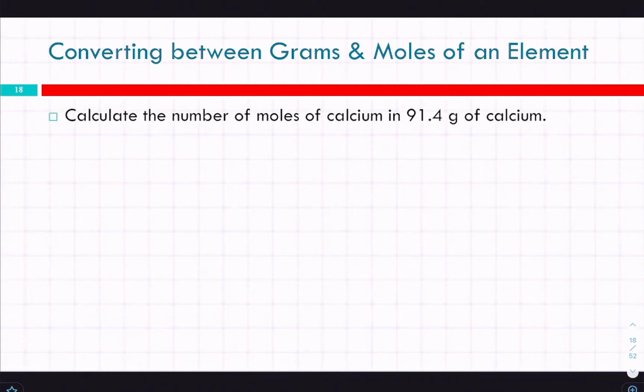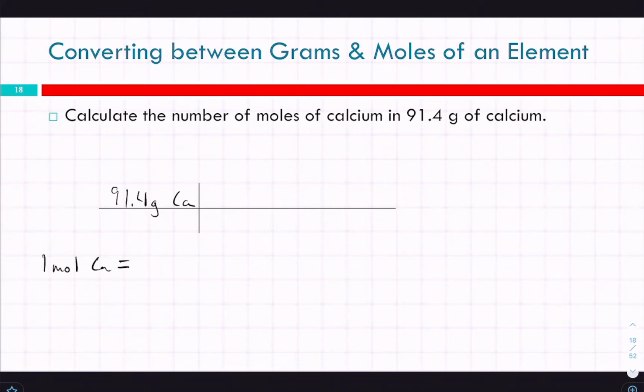So let's calculate it. If we have 91.4 grams of calcium, how many moles of calcium is that? So it would be the conversion factor between grams of calcium and moles of calcium. 1 mole of calcium up top, and the bottom would be the atomic mass, 40.078.